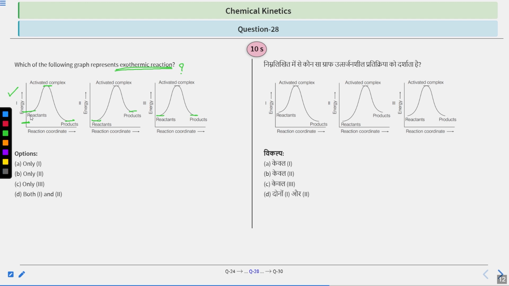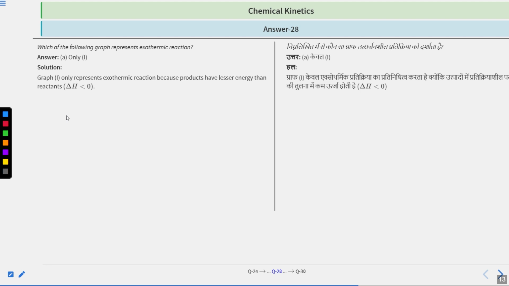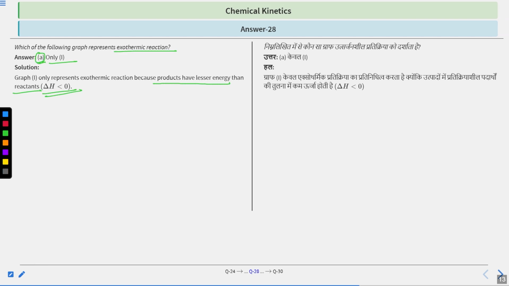Energy of reactant is greater than the energy of products, and that is what happens in an exothermic reaction. That's why only first, that means option A, is the correct answer.